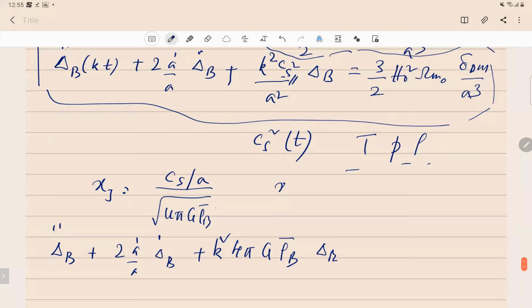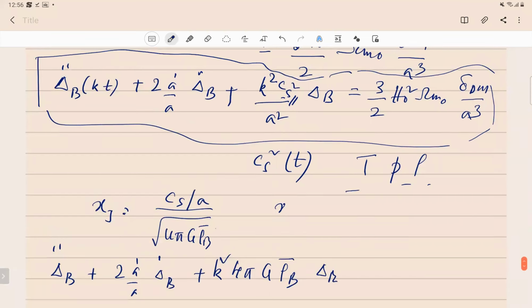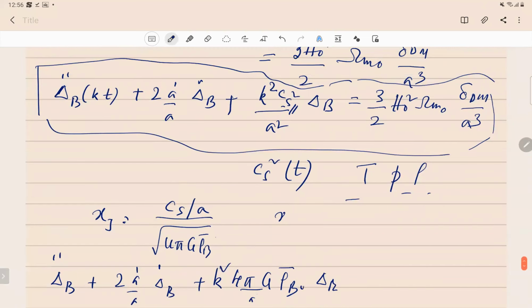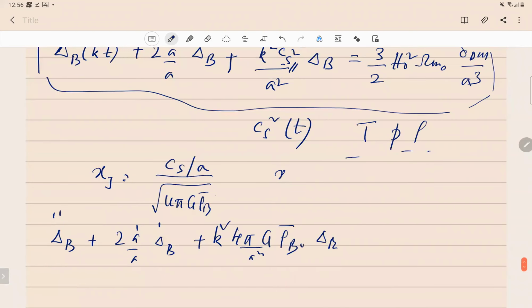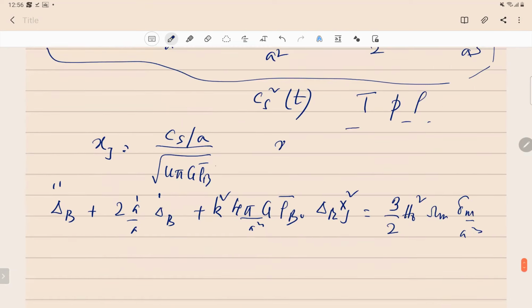So this you can write as rho baryon 0 by a cubed. Again, you can introduce and convert it using the critical density into an omega. And on this side you have 3 by 2 H naught squared omega matter. Here you have x_J squared. Great. So just verify this, okay?